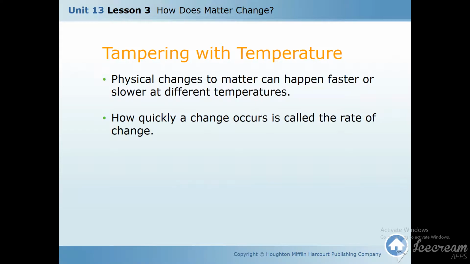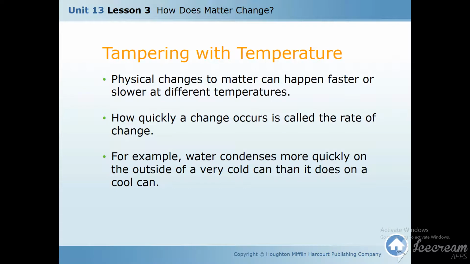How do you tamper with the temperature? Tampering with temperature. Physical changes to matter can happen faster or slower at different temperatures. How quickly a change occurs is called the rate of change. How fast any change occurs is called the rate of change.